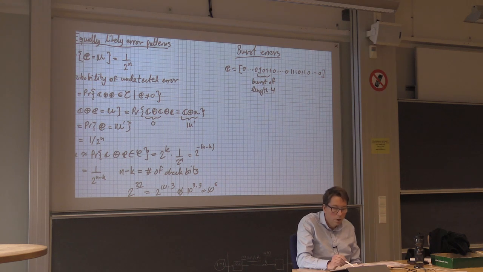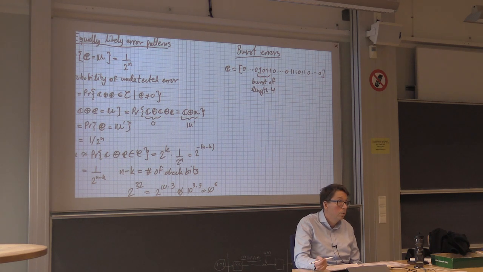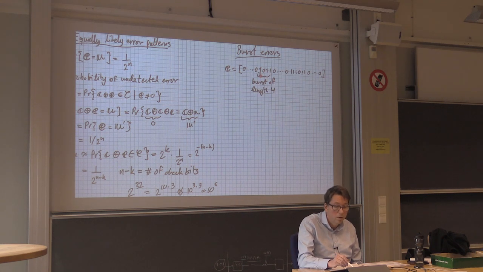So it's the difference from the first position to the last position of this error event. So here we have a length 4 burst error, which actually contains 3 bit errors. I hope the distinction is clear. The burst length is the difference between the first and the last position of this error event.